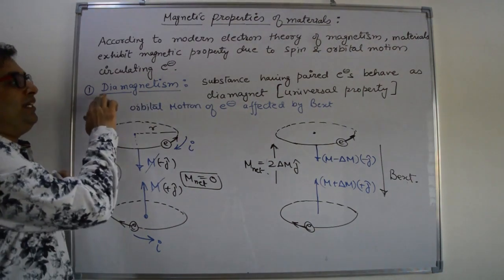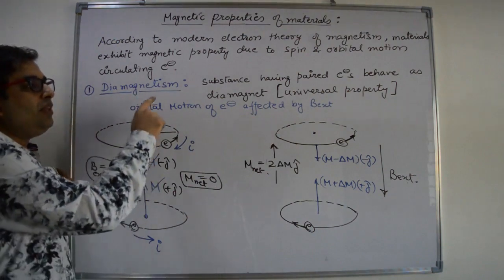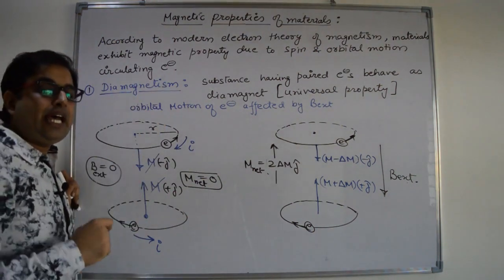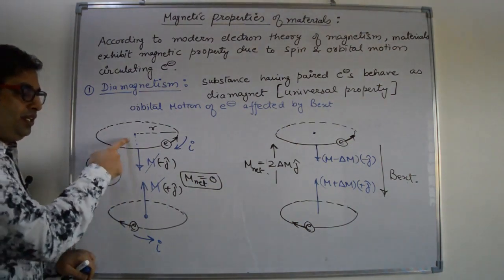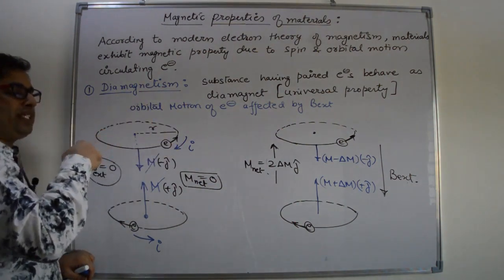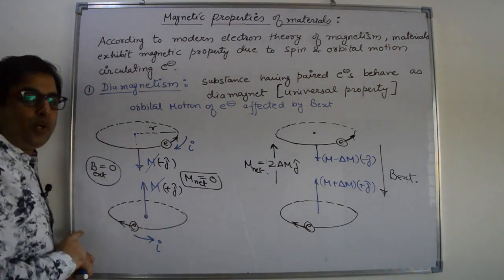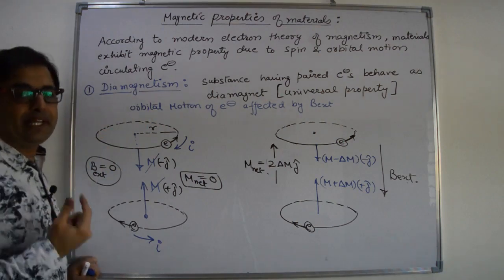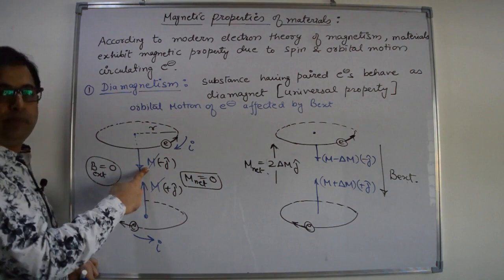Let us understand the diamagnetism property with the help of these diagrams. We already know this property is shown by materials having paired electrons. So these are a pair of electrons, right? Their rotating sense is opposite. One is rotating clockwise, the other anti-clockwise. Because of the motion of electrons there will be current, and due to that current there will be a magnetic moment.